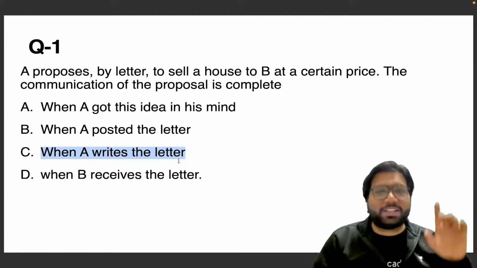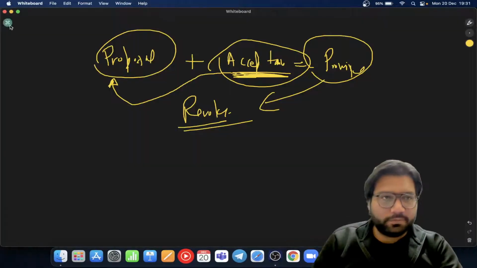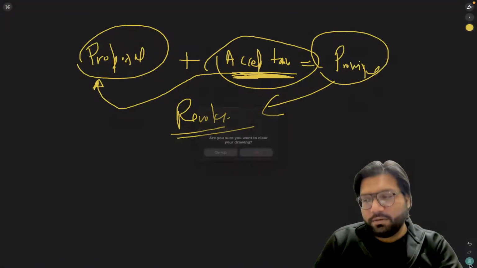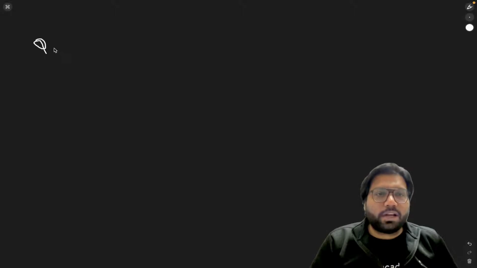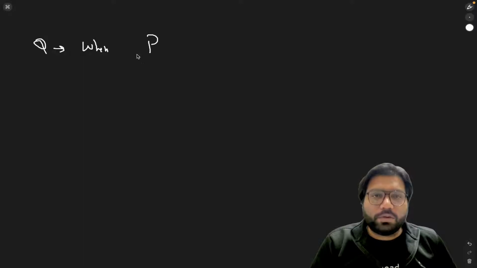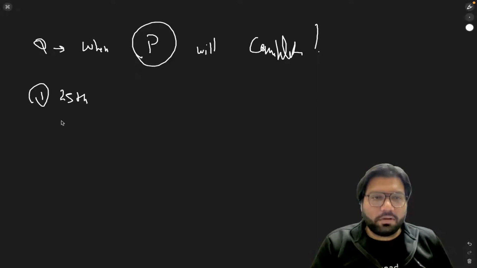Now let me explain this concept to you as well. I'm explaining the same concept now. See, the question is when the communication of proposal will complete, right? This is the question. And the options are first option on 25th, or second option on 26th.